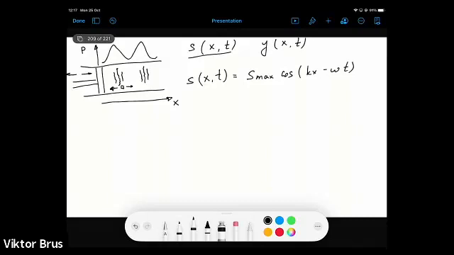So let us consider such a system. Again, we have a cylinder. We consider some imaginary volume of gas in this cylinder.